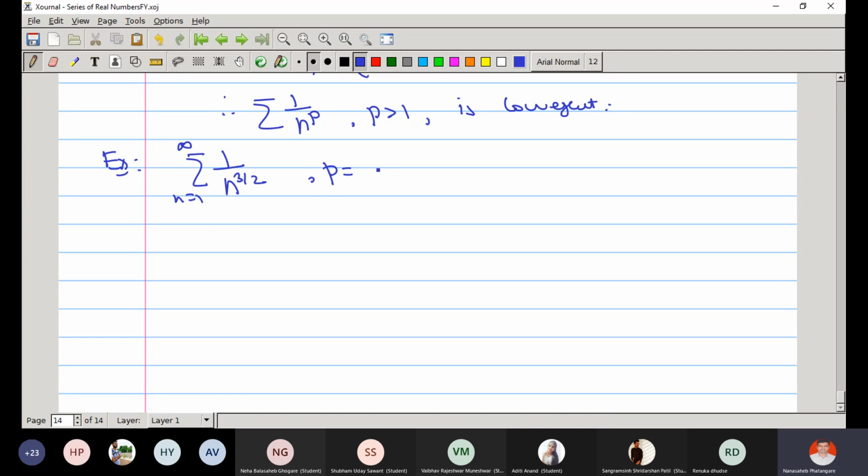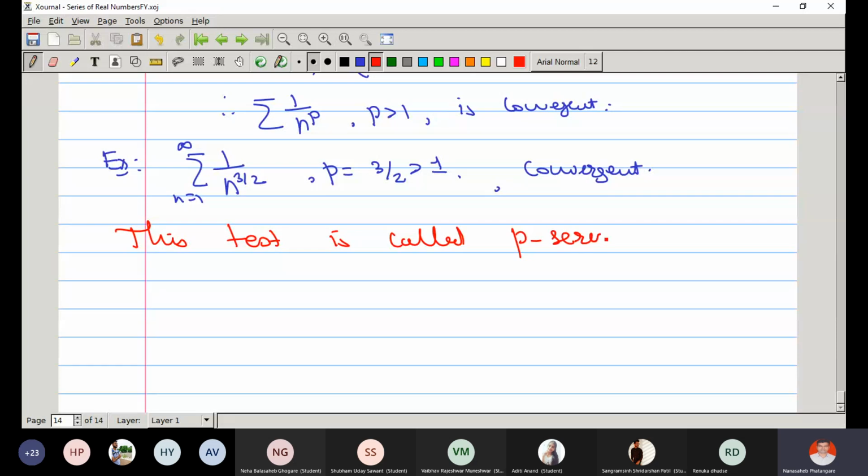Right, and therefore this is called the P series test. If p is greater than 1, then the series is convergent. So this series is convergent.